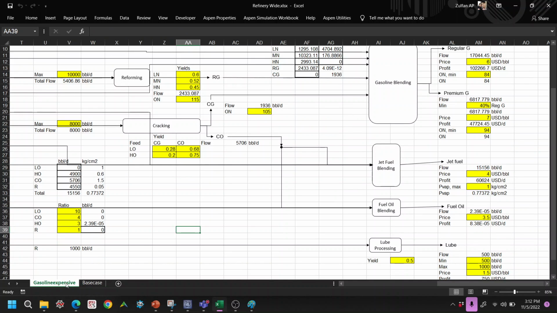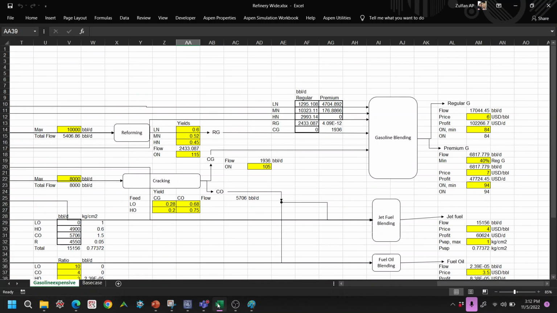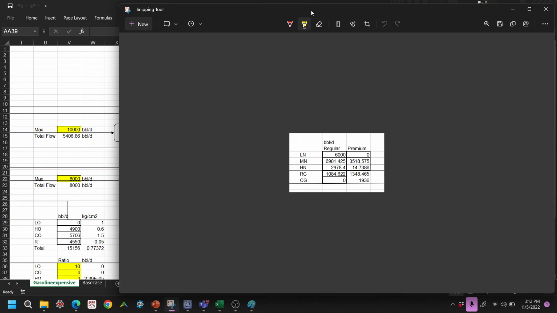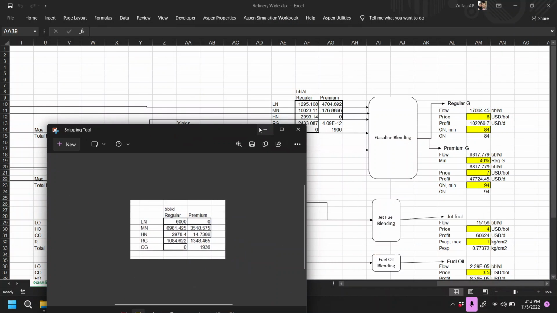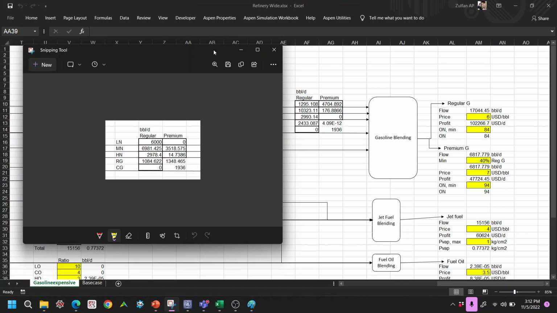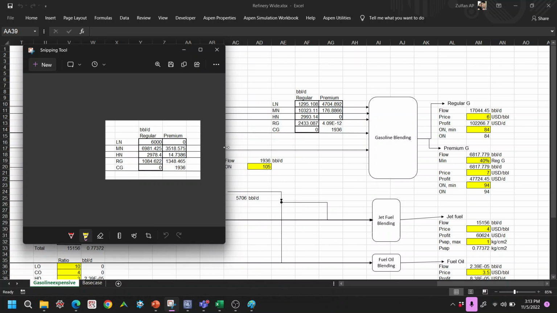Compared to the other case, at the higher jet fuel price, these are the results. So at higher jet fuel, you would then see this gasoline.